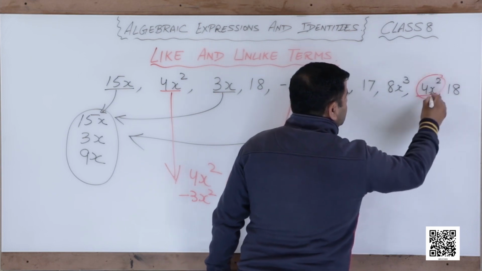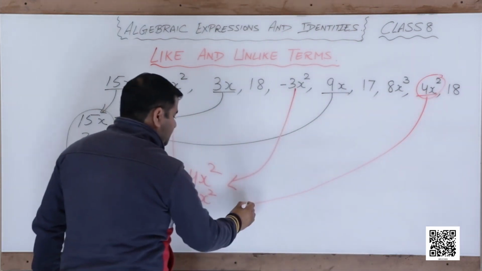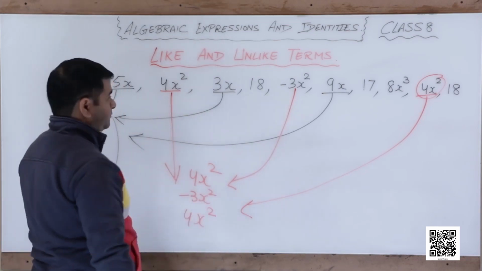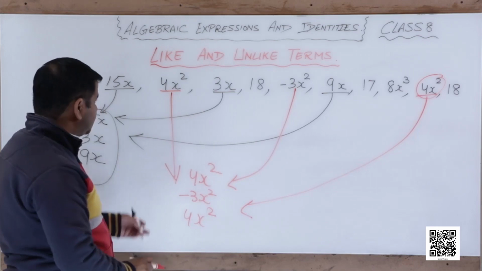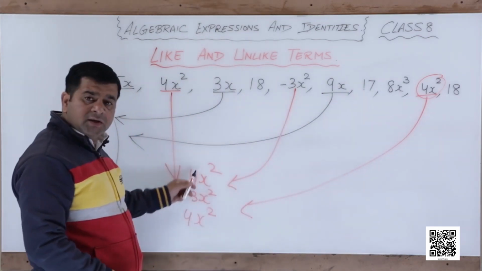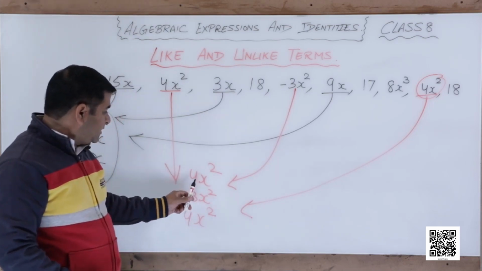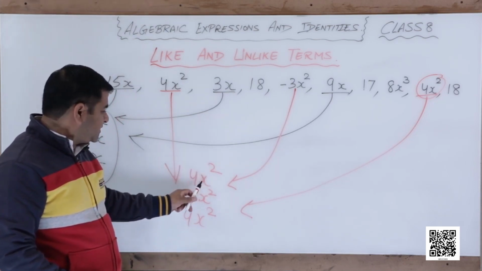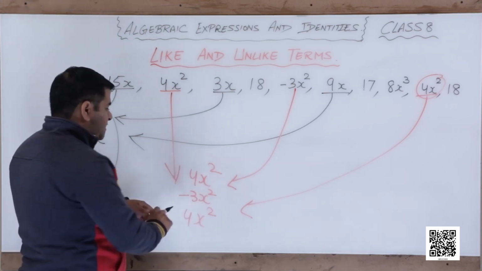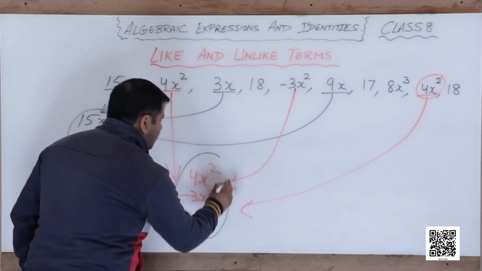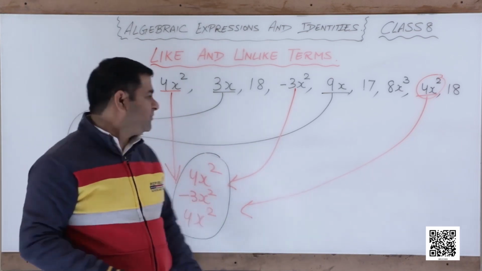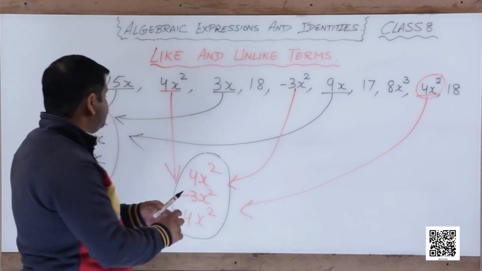So this is 4x raised to power 2, the same variable, and we write it here. Now see, they have the same coefficients 4 and 4, but important is that their variables are the same, x square, x square, x square. So students, these are like terms.